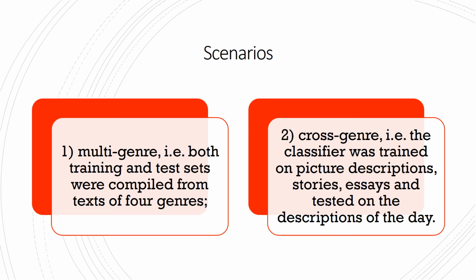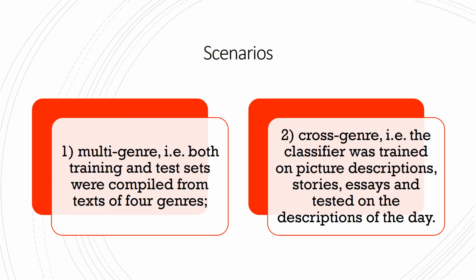The second scenario is cross-genre. So the classifier was trained on picture descriptions, stories, essays, and tested on the description of the day. This division into genres was caused by the fact that in all types of analysis for all datasets in which the influence of the genre was present, the texts, descriptions of the day, were opposed to the texts of other genres.